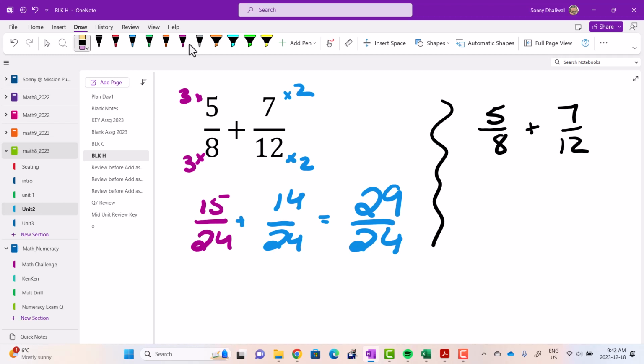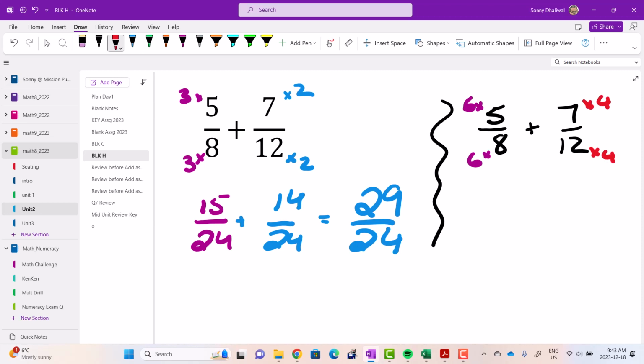All right? So if I go 8 times what number that gives me 48? 8 times 6. So I have to times this by 6, top and bottom. And I have to go this one, I have to go times it by 4, top and bottom.